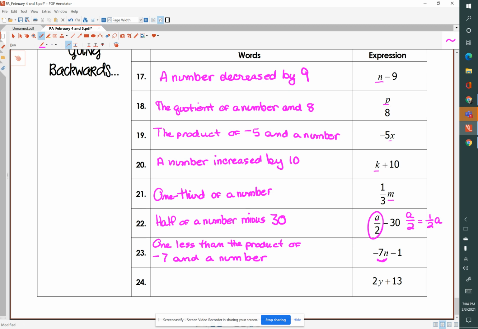And number 24, this 2y plus 13, that is the sum of twice a number and 13.